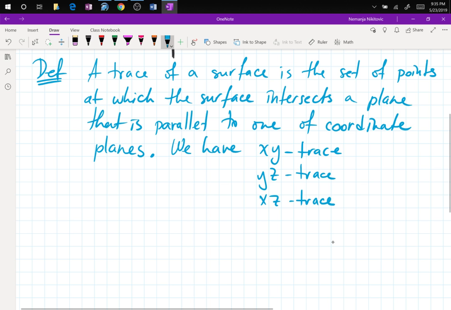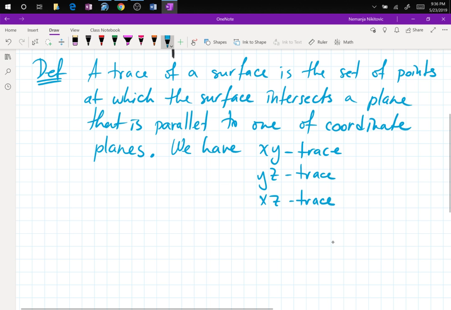It's time to cut this water bottle with the planes and take a look at the trace. When I cut through this sprayer bottle horizontally, I'm going to get a circle around, because this is a round object.